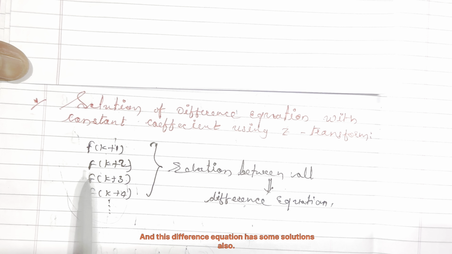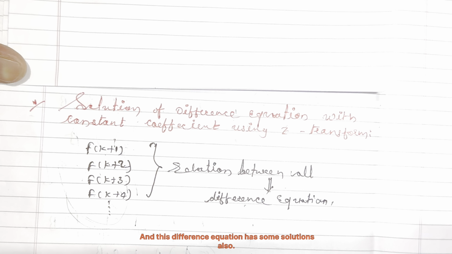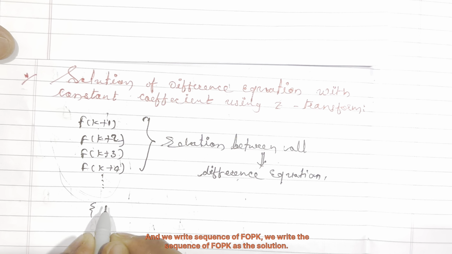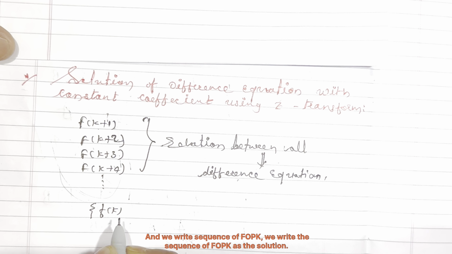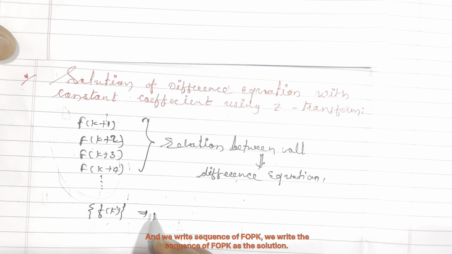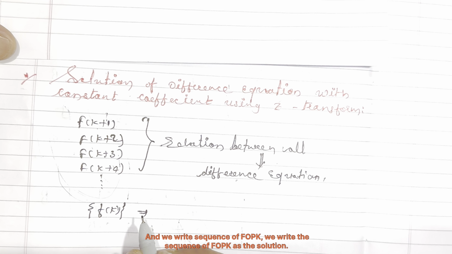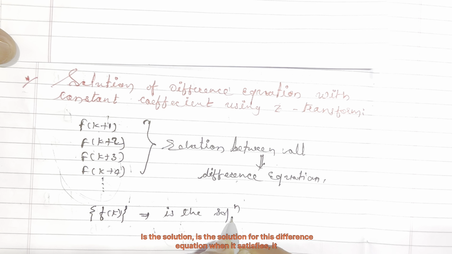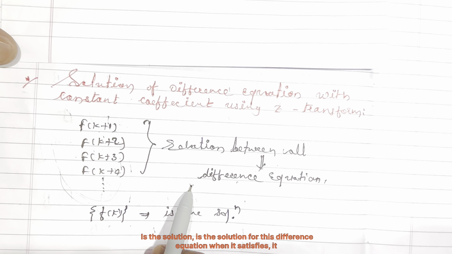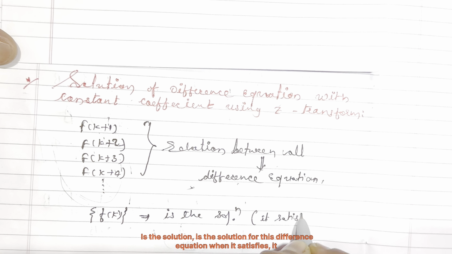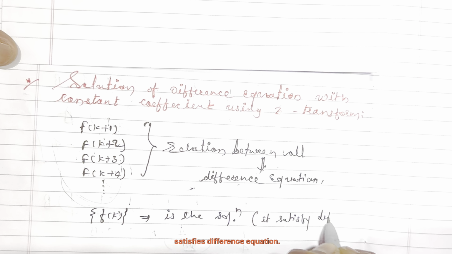And this difference equation has some solutions also. Then we write the sequence f of k as the solution. The sequence f of k is the solution for this difference equation when it satisfies the difference equation.